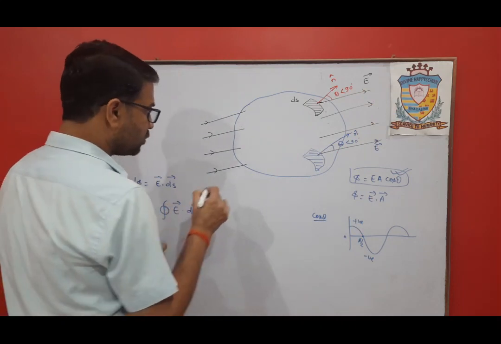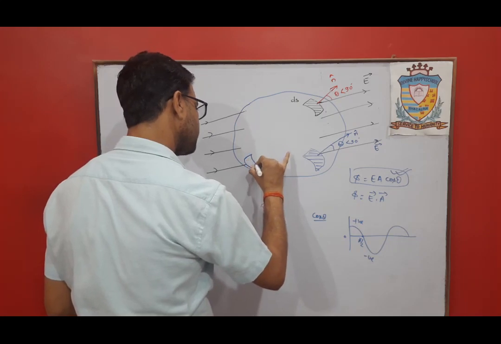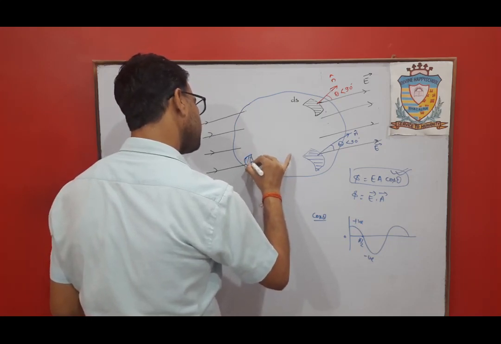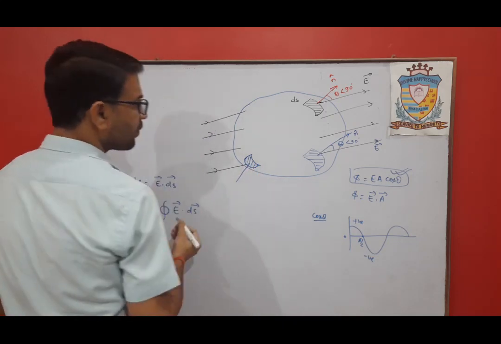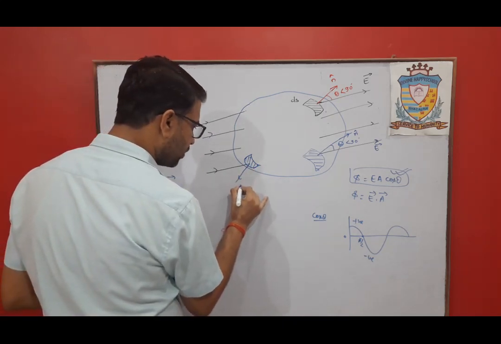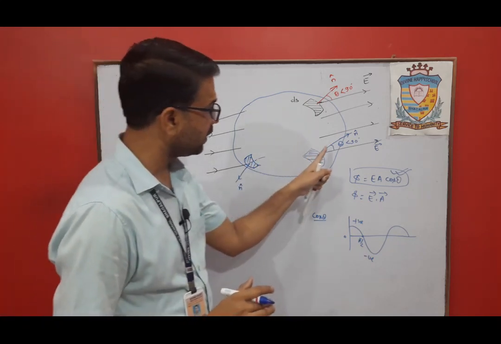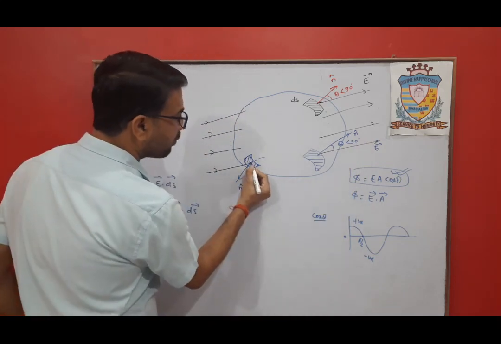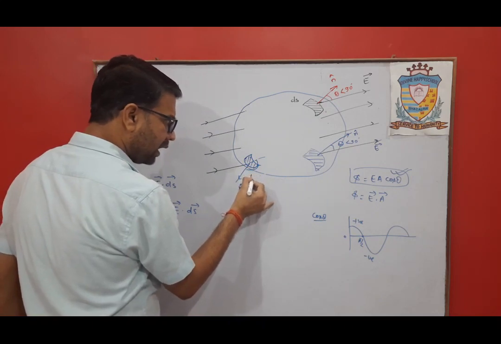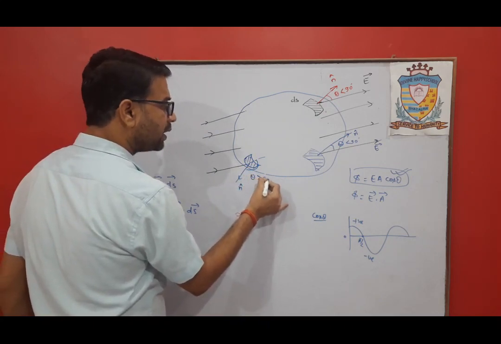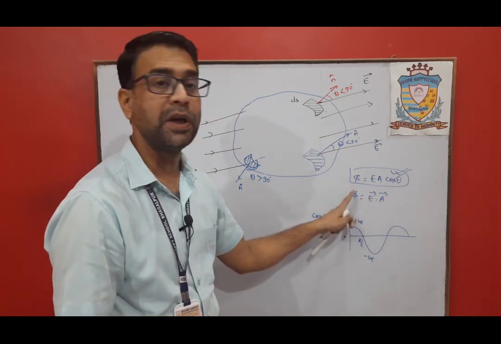What about this one? This will be the direction of area vector, and it is mandatory to take this direction, so we take the angle with this one. Here the angle is greater than 90 degree, so the total flux will be negative.